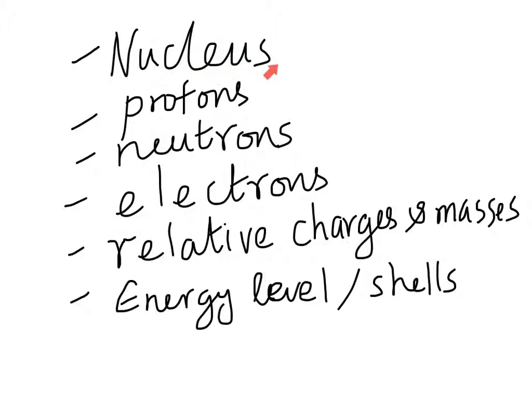Nucleus refers to the part of the atom, but protons, neutrons and electrons are collectively known as subatomic particles, which means they are smaller than the atoms and they are parts of an atom. Now we'll also be looking at the term relative charges and masses, which means for these three particles what their charges are and what their masses are compared to each other. That's what we call relative mass.